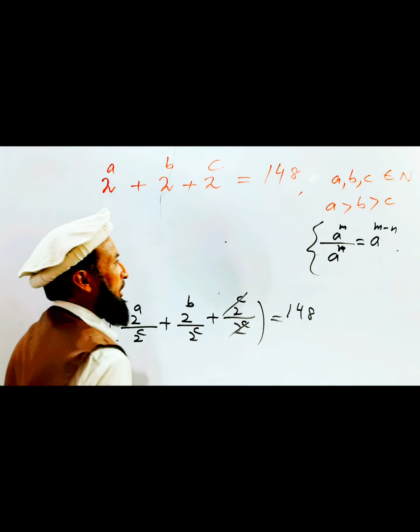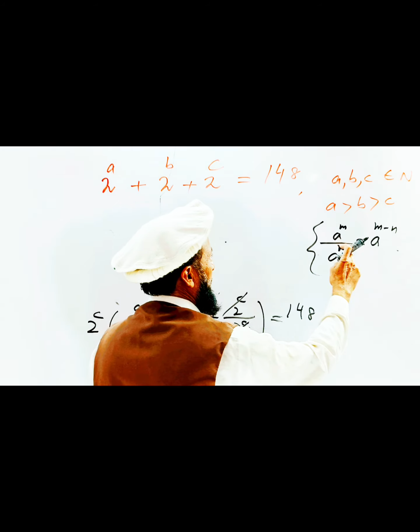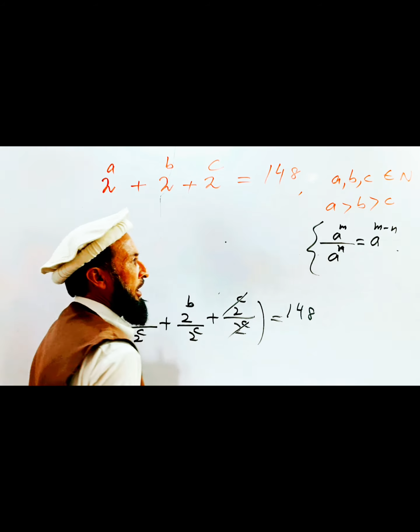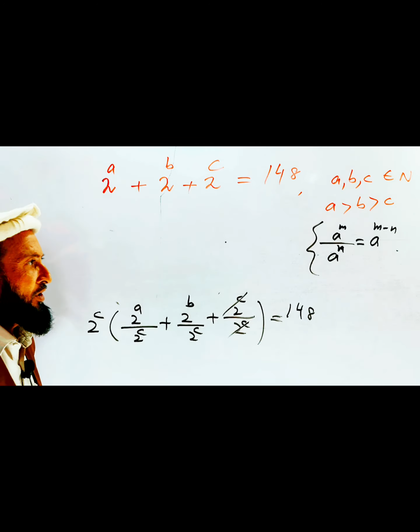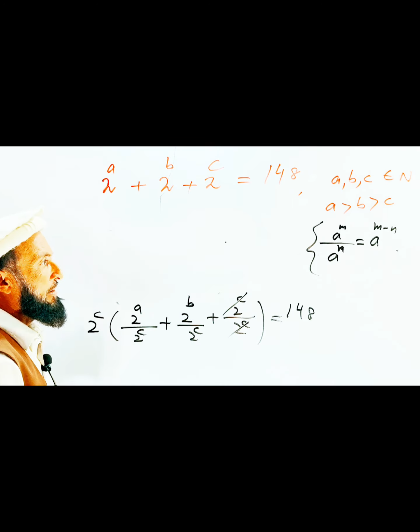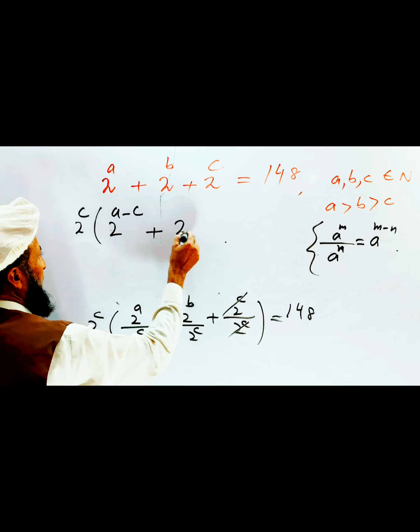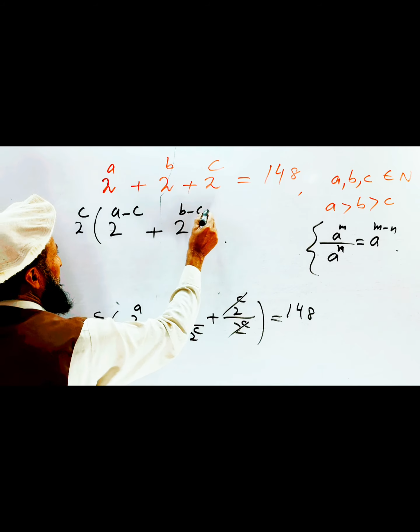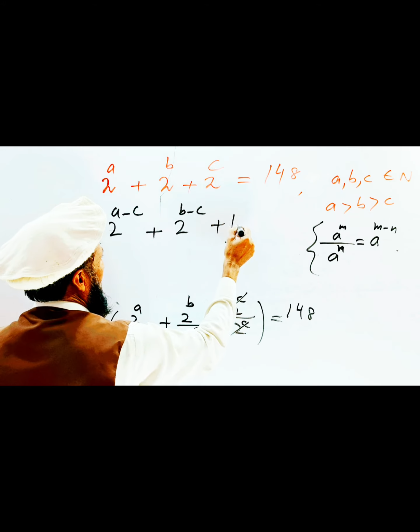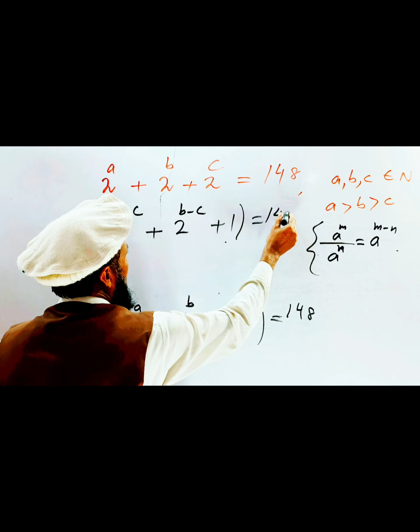According to this property of exponents, a exponent of m divided by a exponent of n, we take one base and subtract the powers. Here the base is 2, so we take one base and subtract: a minus c. Similarly, we take one base and b minus c, plus 1 is equal to 148.